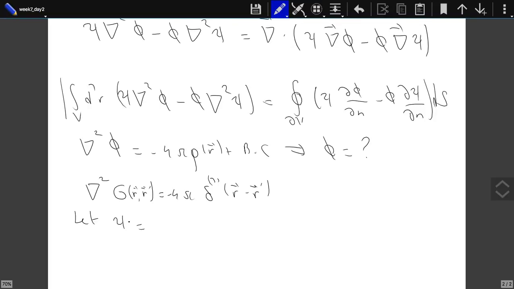Sorry, let psi of r prime be g of r prime. And of course, these Laplacians are with respect to r prime. Now, if we just put it back, over the volume, d cubed r prime, g Laplacian of phi. Well, Laplacian of phi, we know that is equal to minus 4 pi rho.